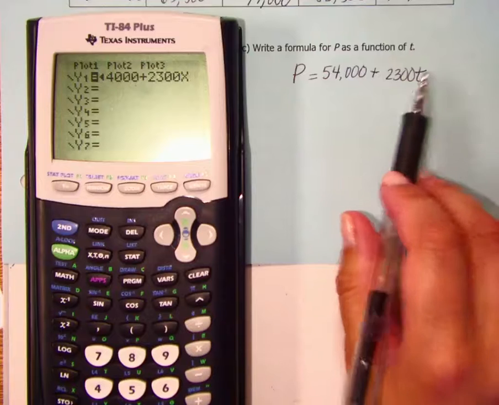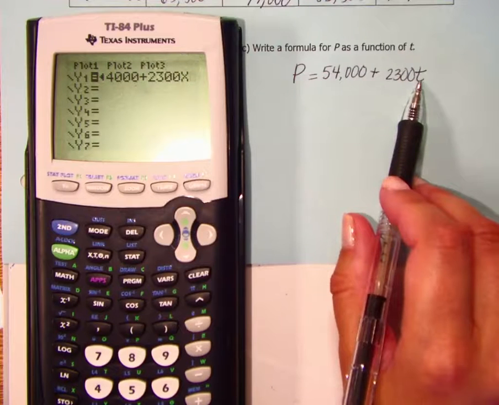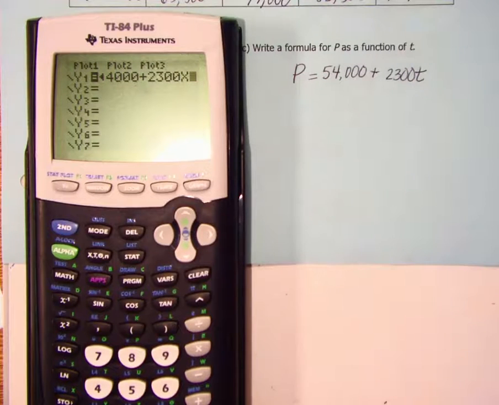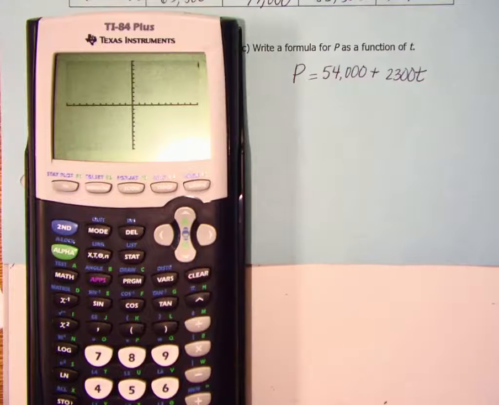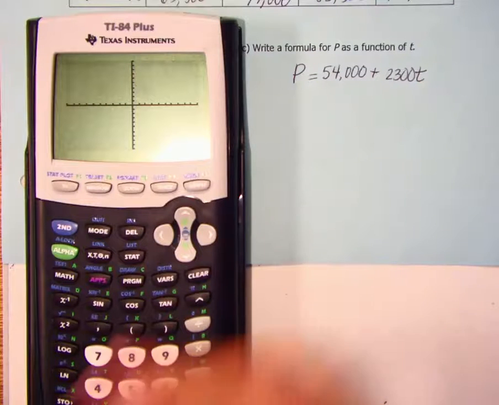Even though our formula that we wrote is T in your calculator, you're still going to use that X. Okay. So we've talked about this before. If you're just on your standard viewing window, we are not going to see this graph at all because the y-intercept is much above where we're working.